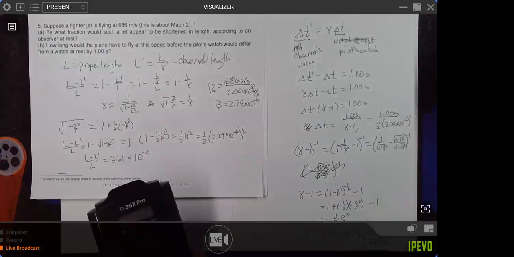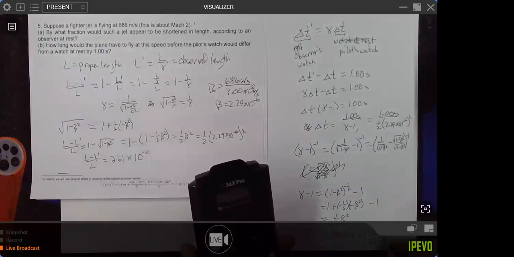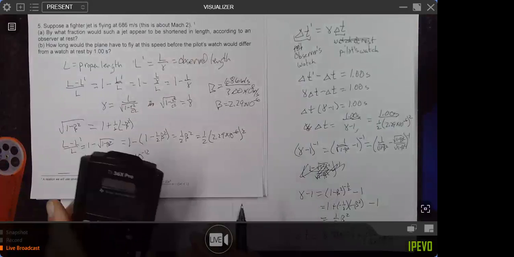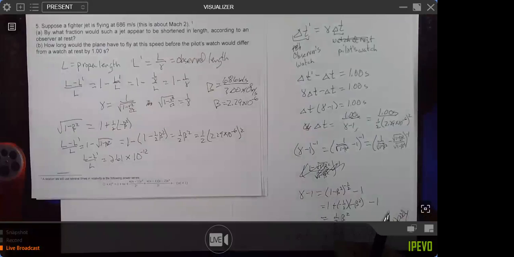So it's about pi times 10 to the 7th seconds, which is about 12,000 years. Okay, so it's going to be a while. Don't hold your breath waiting for it. And that's how long you'd have to wait.